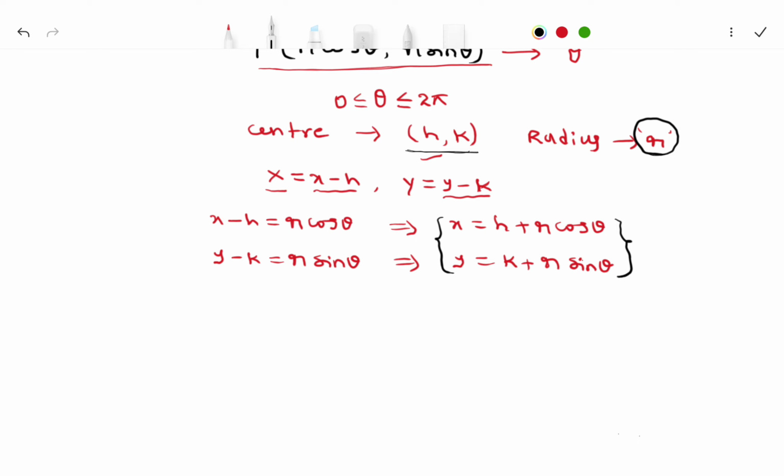The formula will be x equals h plus r cos theta, y equals k plus r sin theta. And what will be the parametric point? The parametric point will be (x, y) equals (h plus r cos theta, k plus r sin theta).